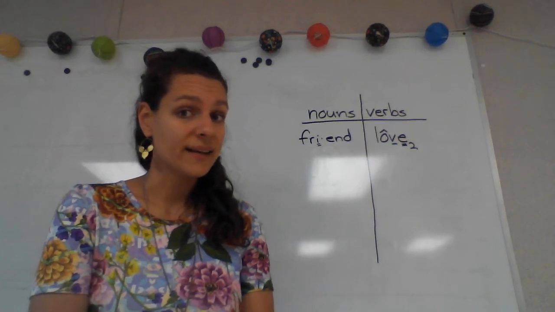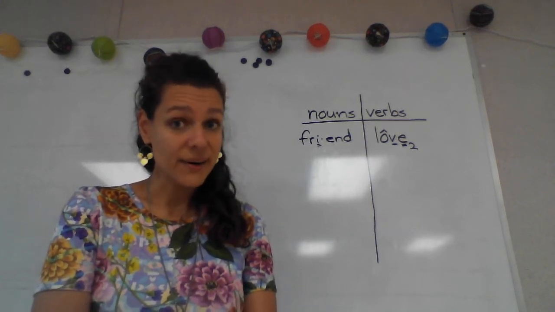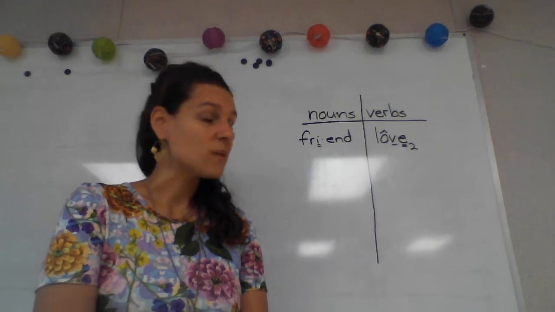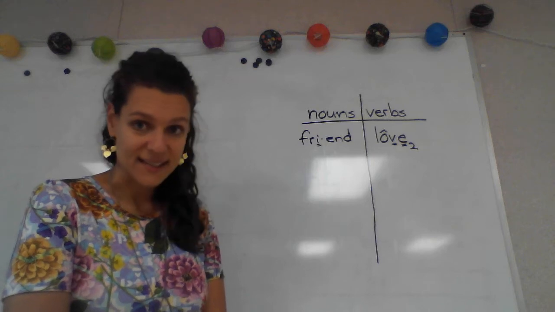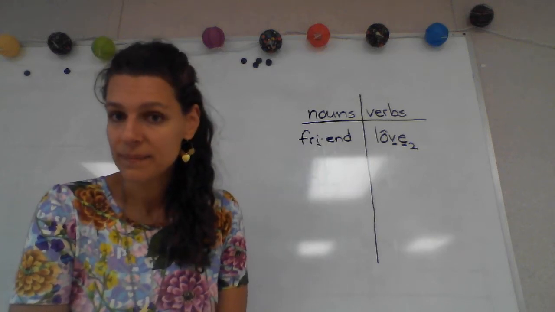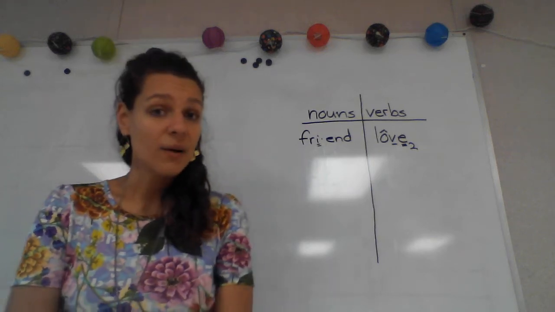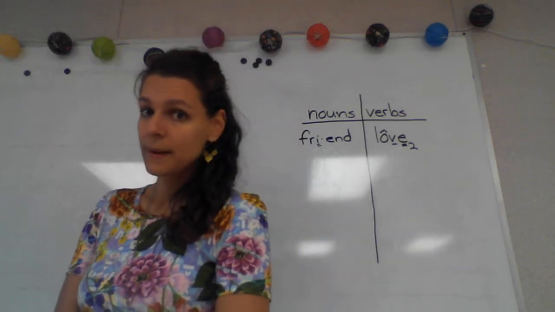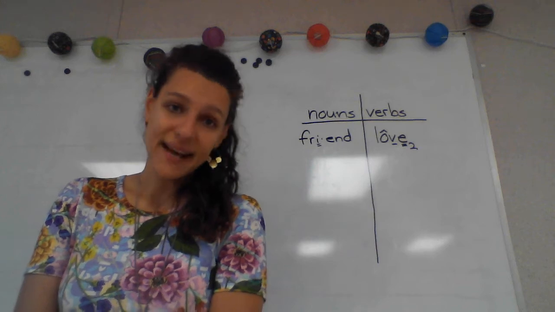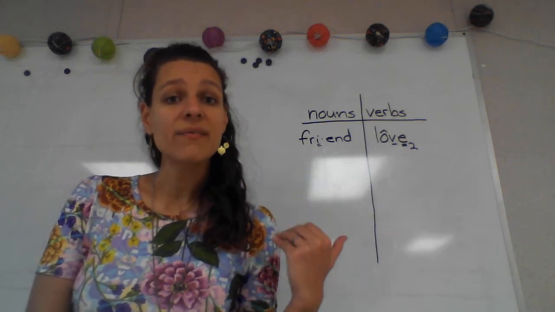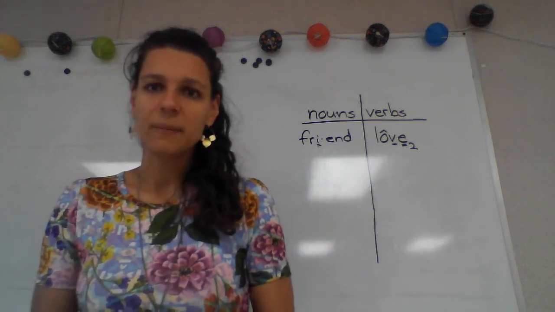That sounds like a person to me. So is father a noun or a verb? Excellent. Father is a noun. Which th are we going to use in father? Good, and which one? Excellent. Go ahead and write father in your nouns column.